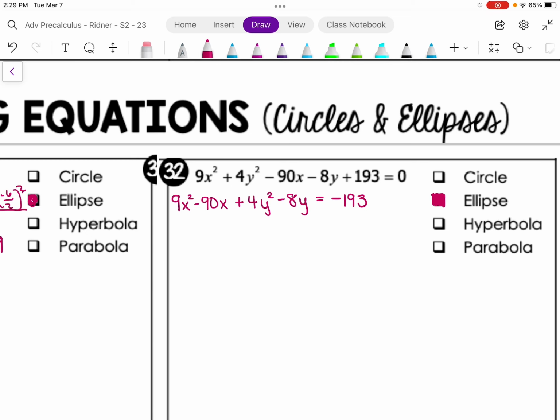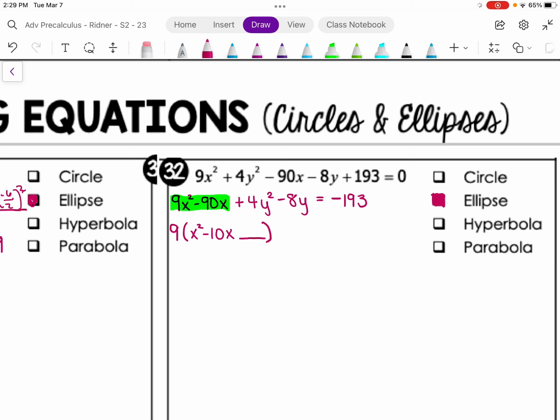Okay. If I look at just these two, I see that they have a 9 in common. I'm going to factor that out to the front so that I'm left with x squared minus 10x. And this is where I'm going to add something. So that definitely changes from what we've done before.